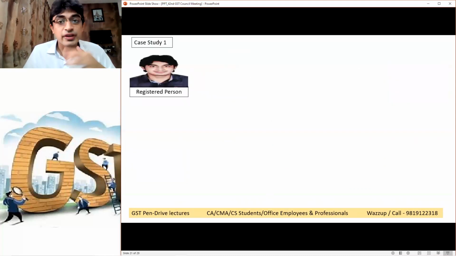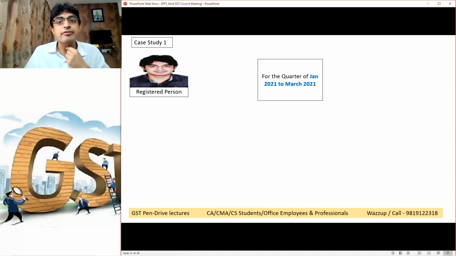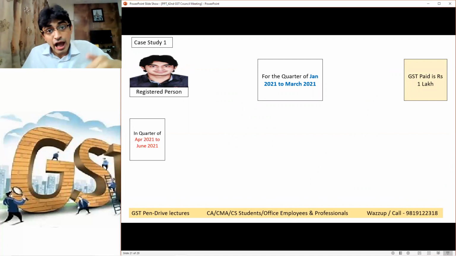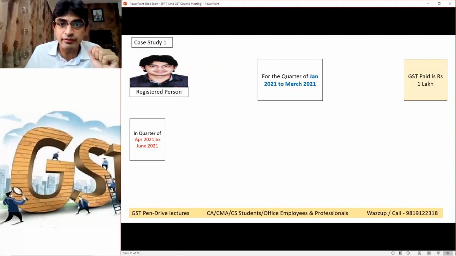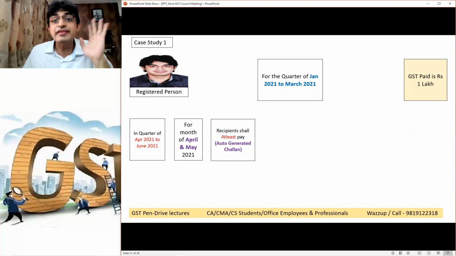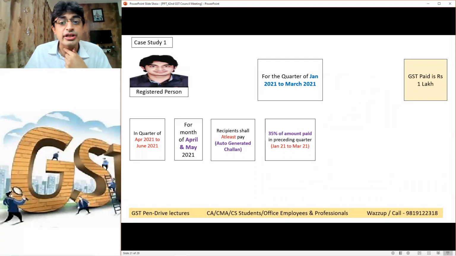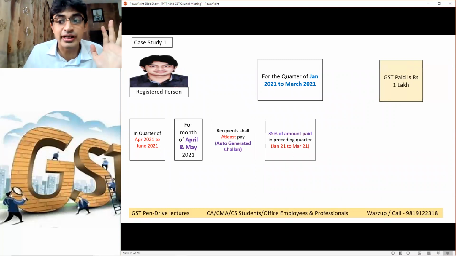Case study one. Suppose I am a registered person. For the quarter of Jan 21 to March 21, I have paid GST of 1 lakh. Now when it comes to the quarter of April 21 to June 21, for the first 2 months, April and May 2021, the recipient shall be required to at least pay through auto-generated challan 35% of the amount paid in the preceding quarter.